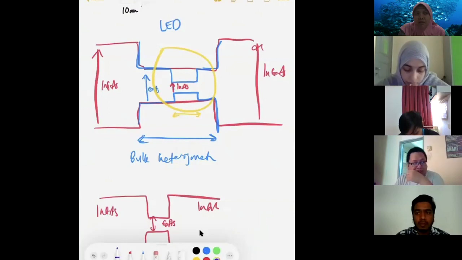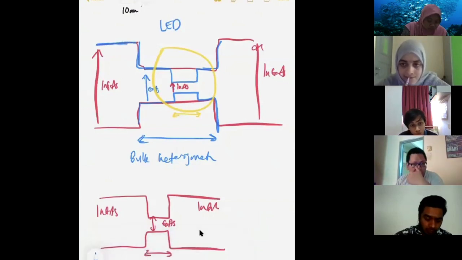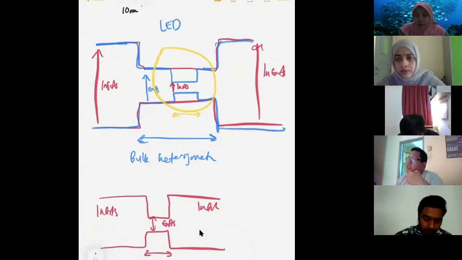So it just means that it's different. The red one is a bulk heterojunction LED. The blue one is a quantum well LED, a quantum well heterojunction LED. When you say quantum well, it will automatically be heterojunction. Am I answering your question?